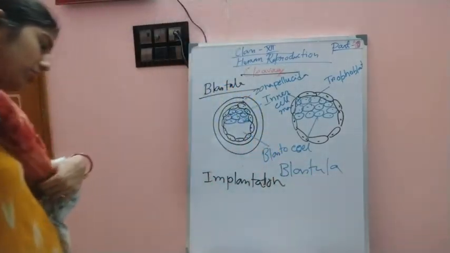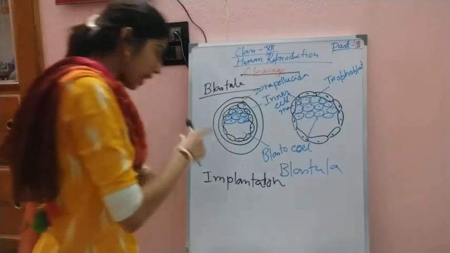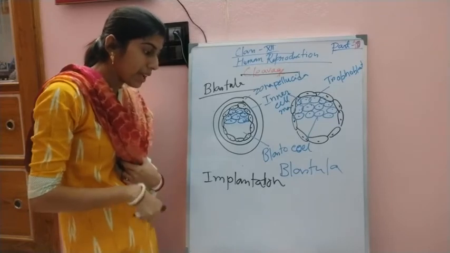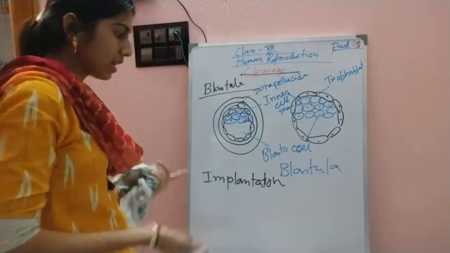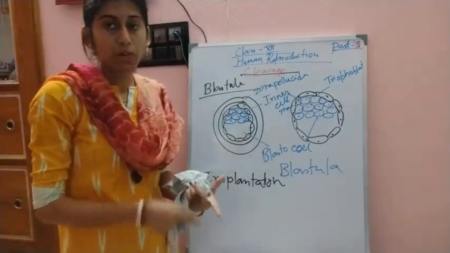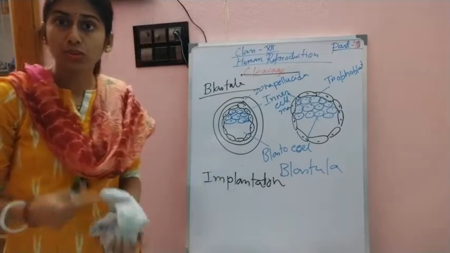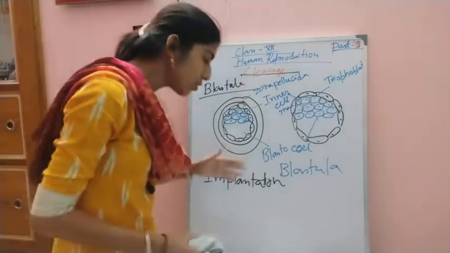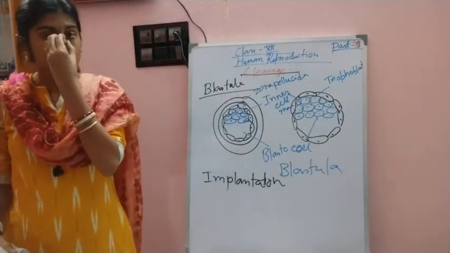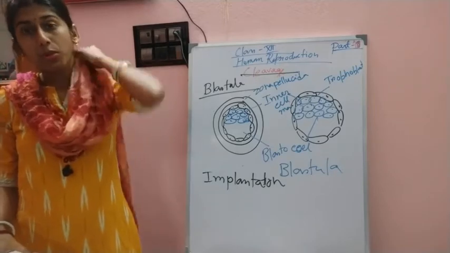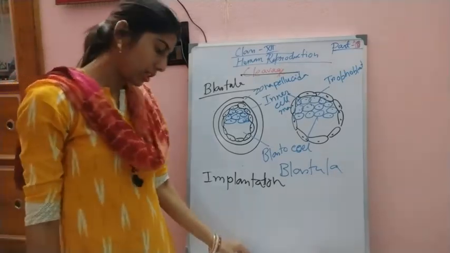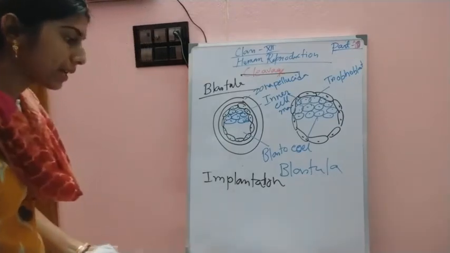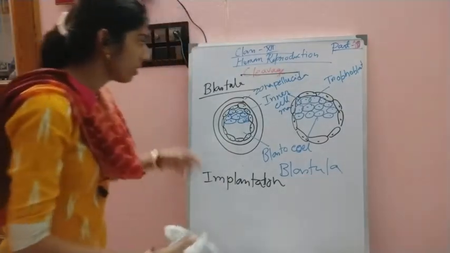So the blastocyst will be embedded in the wall of the endometrium, and the trophoblast layer will get attached to the endometrium wall, and the inner cell mass will differentiate to form an embryo. This process is called implantation, which will lead to pregnancy. So what happens in pregnancy and embryonic development is our next topic.